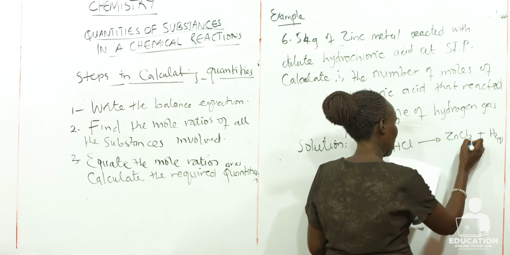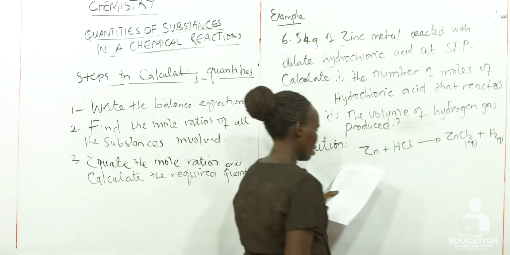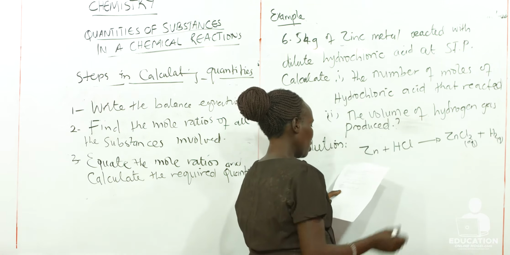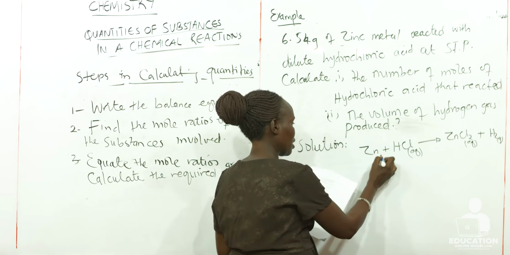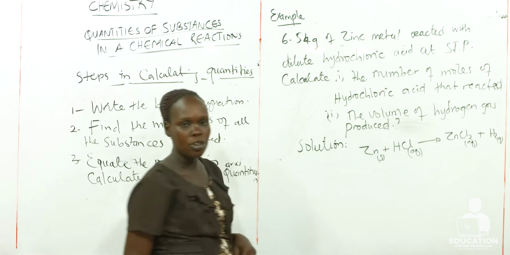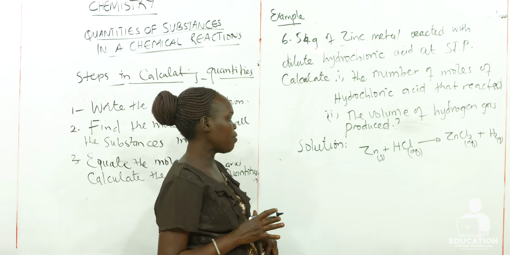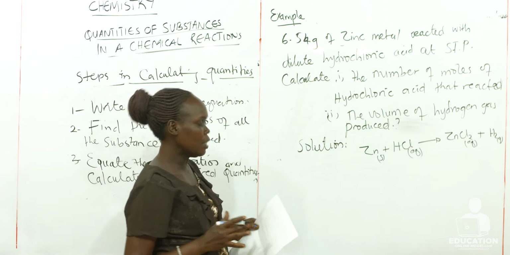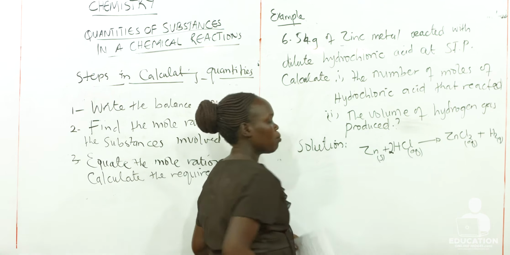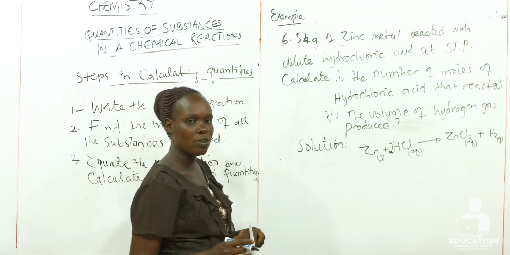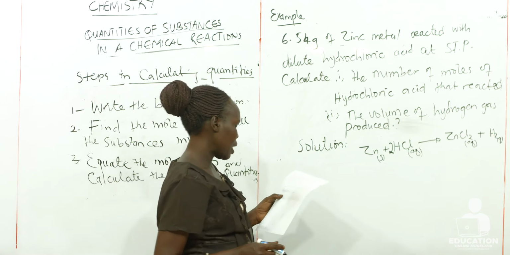These are aqueous solutions. Gas is represented by g, hydrochloric acid is aqueous, and zinc is a solid. So all of them have their physical state indicated, and we have a balanced equation by adding 2 in front of the aqueous solution of hydrochloric acid.